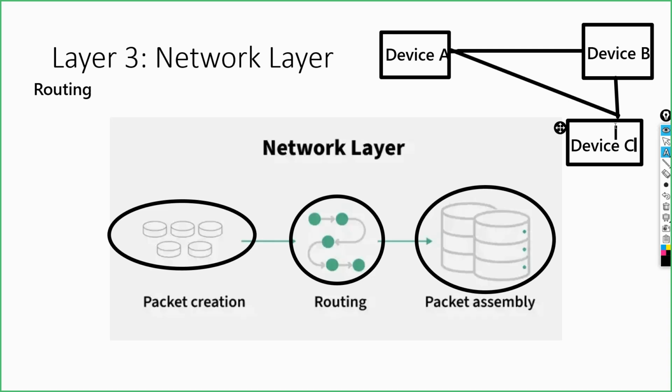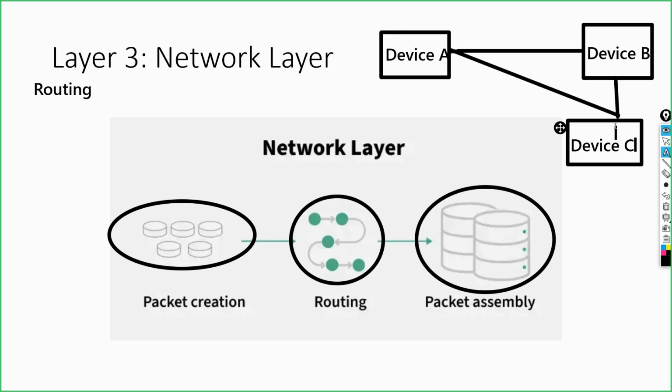Now, this layer will decide that if device A wants to reach device C, what will be the best suitable route for the source to reach the destination? This is one of the functions, which is nothing but routing.